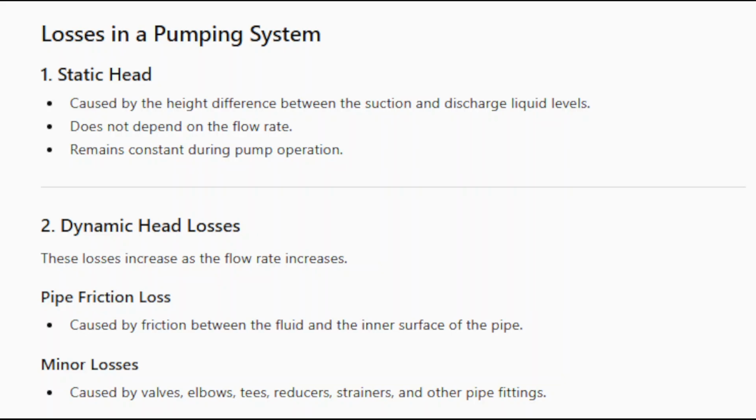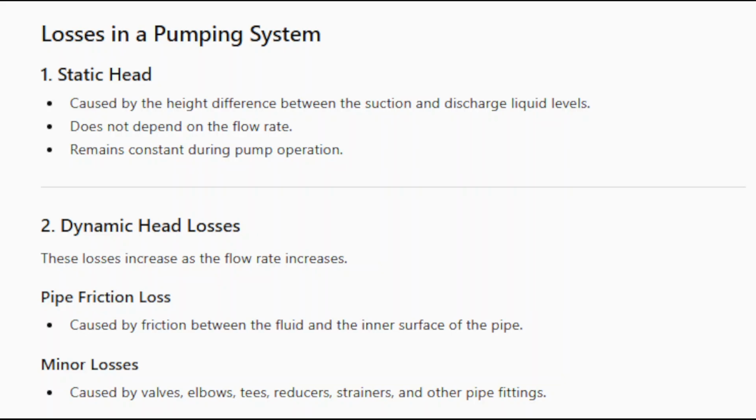Let's understand the different types of losses present in a pumping system. These losses can be broadly classified into two categories: static head and dynamic head losses. Let's start with static head. Static head is the head required to lift the liquid due to the elevation difference between the suction liquid level and the discharge liquid level.